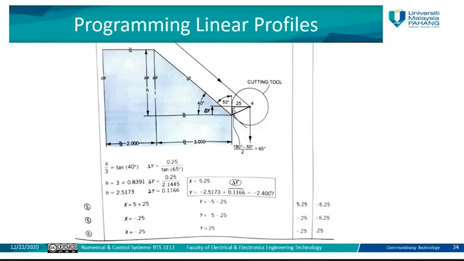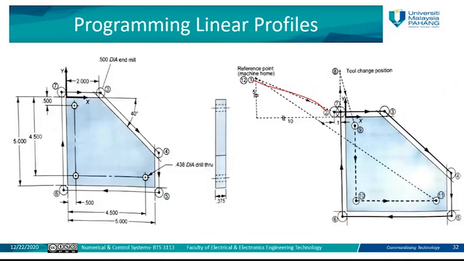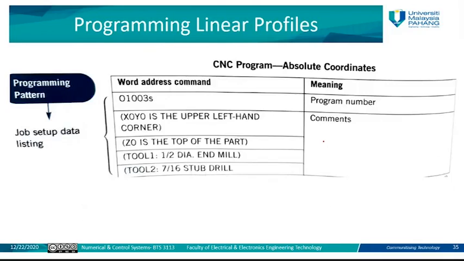That means you are now at point 2, but you want to go closer to the part, on top of the bar, to start the milling operation. So the spindle will move to z equal to 0.1 on top of the part.